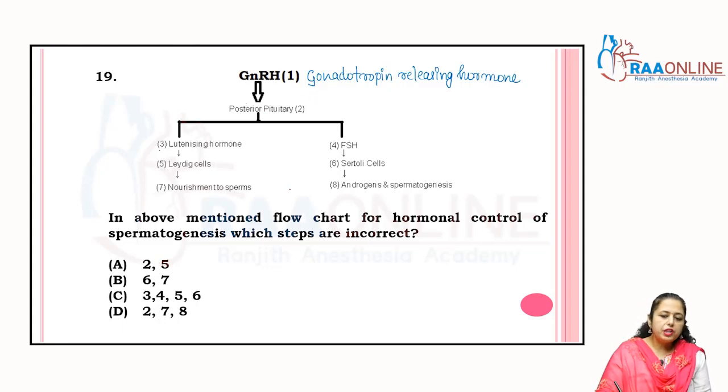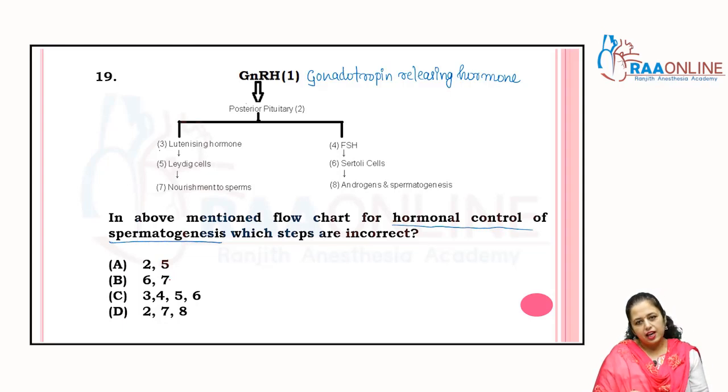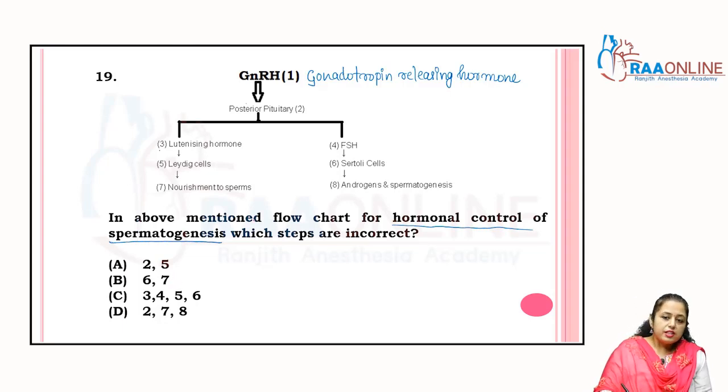In the above mentioned flow chart for the hormonal control of spermatogenesis, which steps are incorrect? Actually, these hormones are related with the anterior pituitary, and they are not related with the posterior pituitary, right? So that second option is wrong.